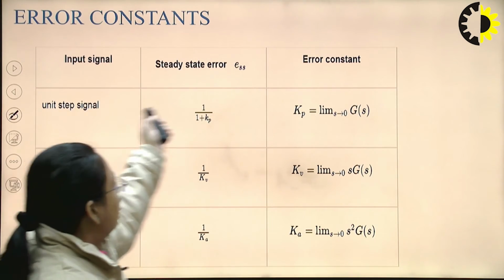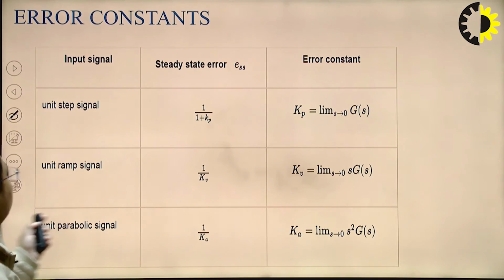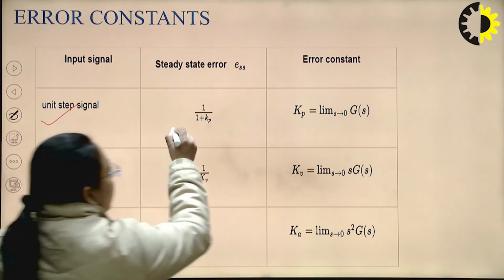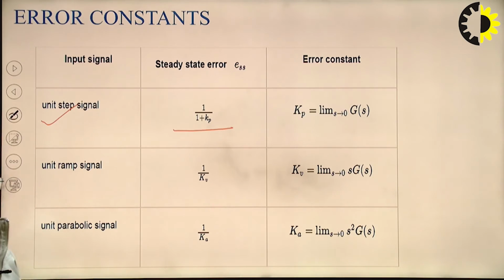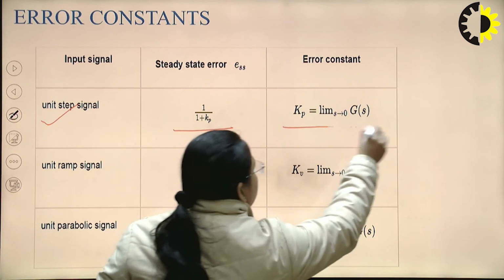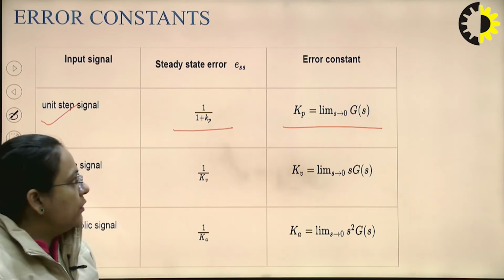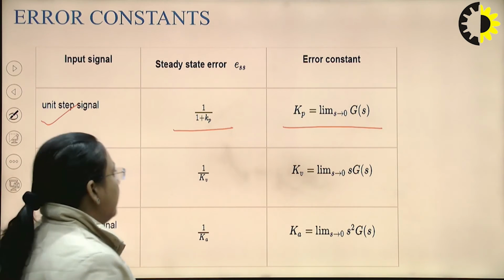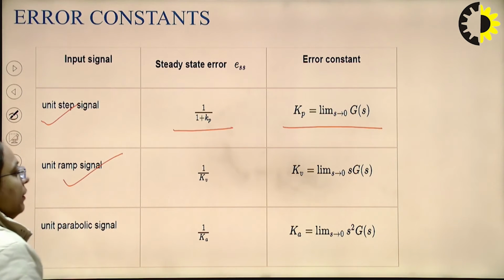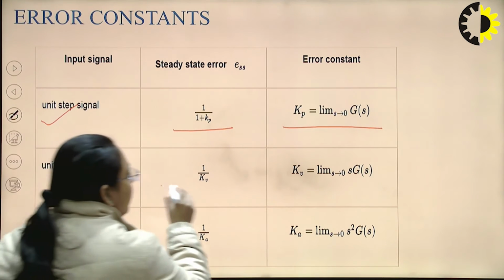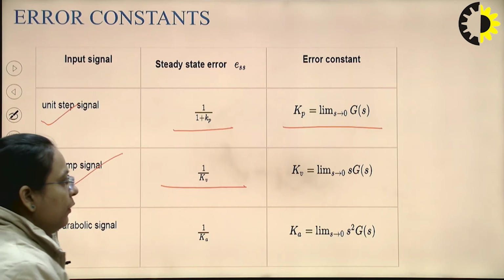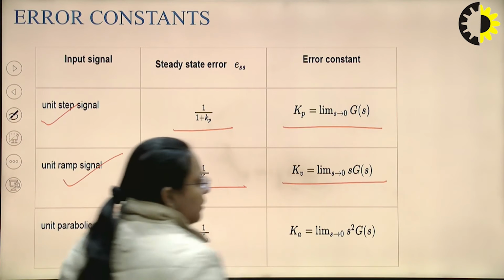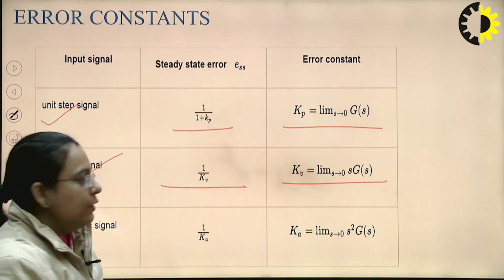So you can see this is the summary for the static error coefficient. When we have applied the unit step signal, the steady state error will come out to be 1 upon 1 plus Kp, where Kp is a positional error constant whose value is equal to limit s tends to 0 of GS. When we have taken the unit ramp signal, the steady state error comes out to be 1 by Kv, where Kv is equal to limit s tends to 0 of s into GS.